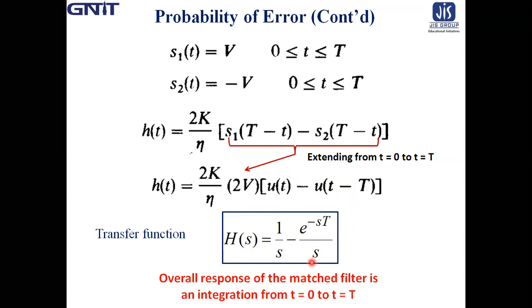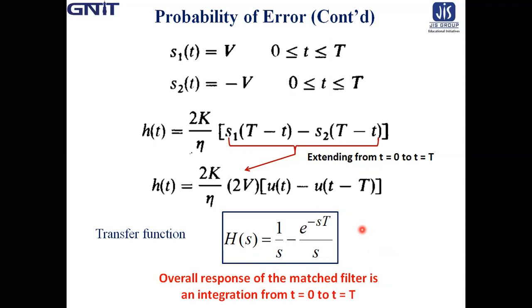So the first term of this expression represents an integrator, or integration, which begins from t equal to 0, and the second term, that is e to the power minus sT by s, also represents an integration with reverse polarity beginning at t equal to capital T. So the overall response of the matched filter is an integration from t equal to 0 to t equal to capital T.